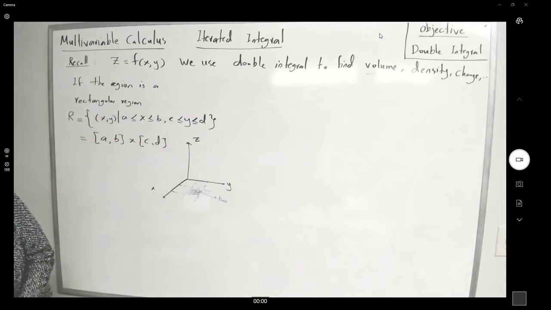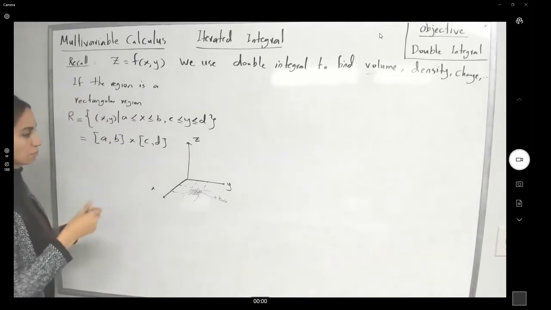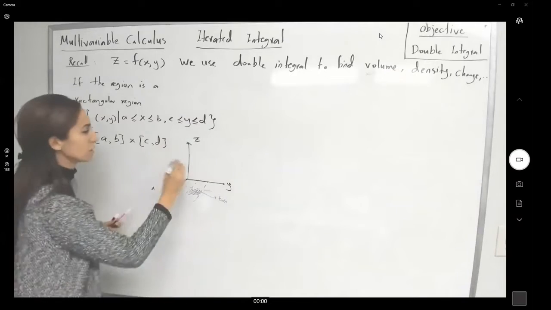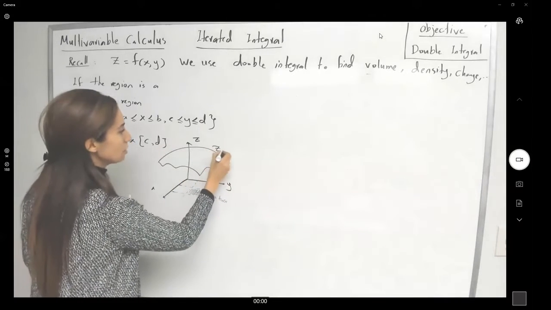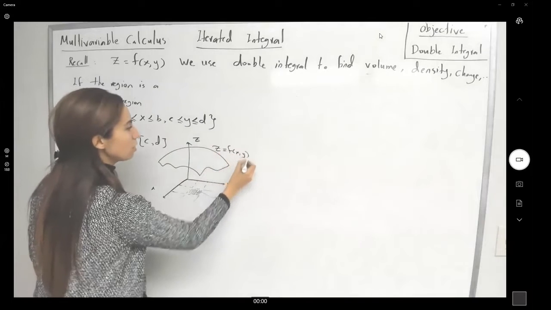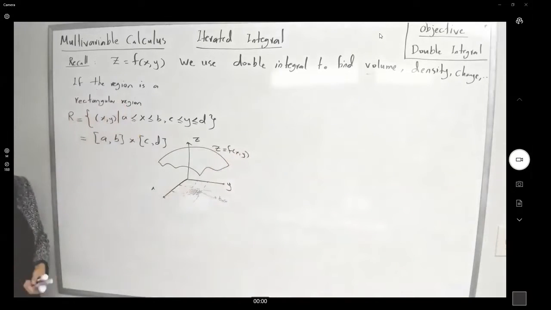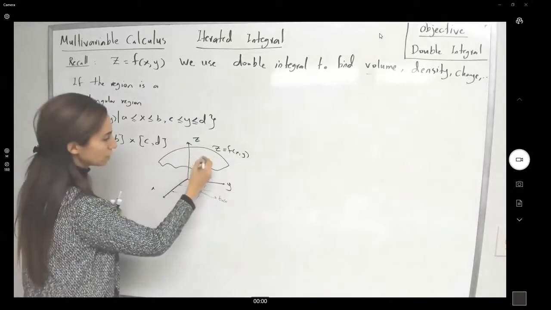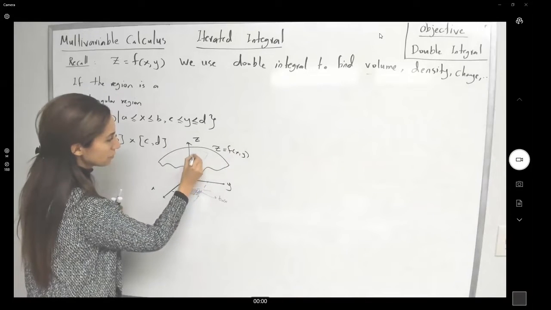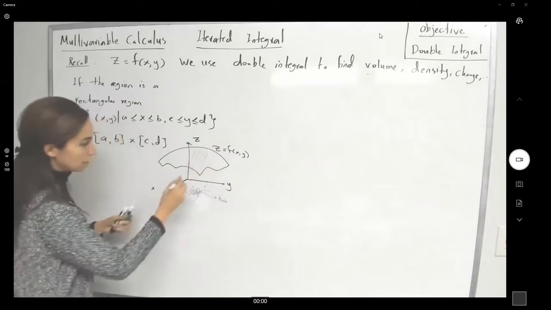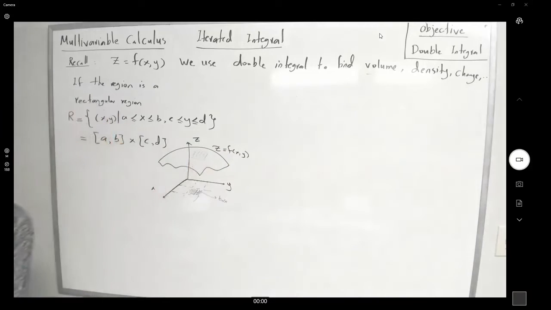Here we have our surface on top. This is my surface, whatever it is. This is z equals f of x and y. It might be curved on top, and it gives me the height.